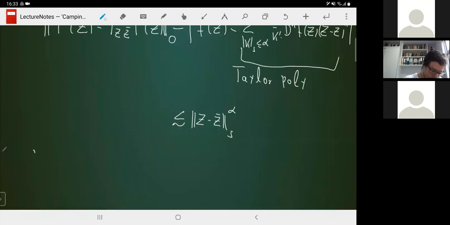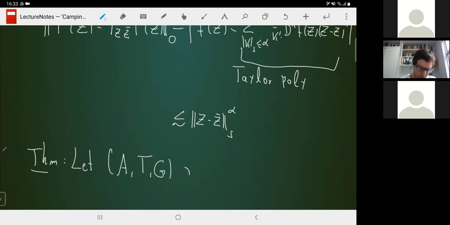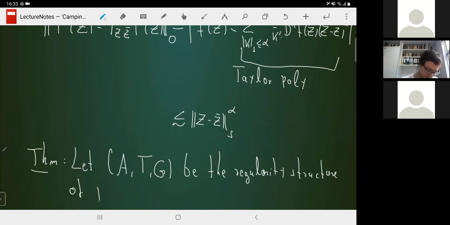And so there's actually a theorem which says the following. It's one of the first theorems in the original paper. Let (A, T, G) be the regularity structure of polynomials, and let alpha be positive.